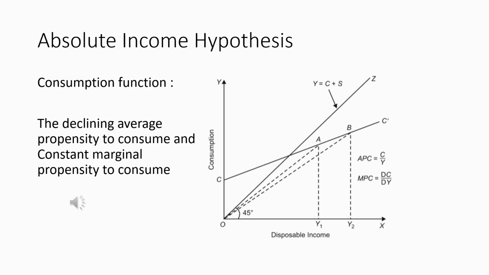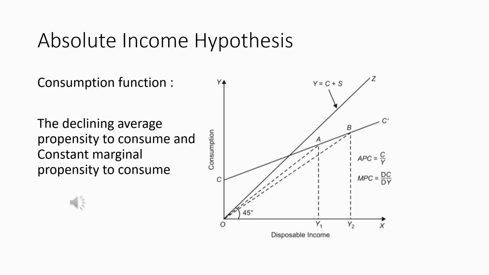The behavior of consumption expenditure as perceived by Keynes implies that the marginal propensity to consume is less than average propensity to consume. This is because as income increases, consumption does not rise proportionately, and as income falls, consumption does not fall proportionately.